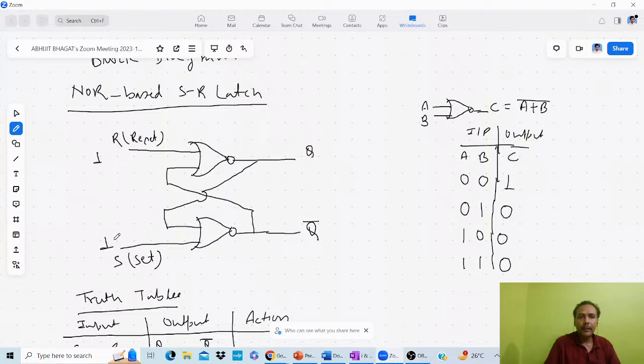Suppose same your previous output, suppose Q is 0 and Q bar is 1. You can imagine the opposite, you will get the same result. Since Q is 0, this is 0, this is 0. So here 0 and 1 for this NOR gate, one is 0 and other is 1.